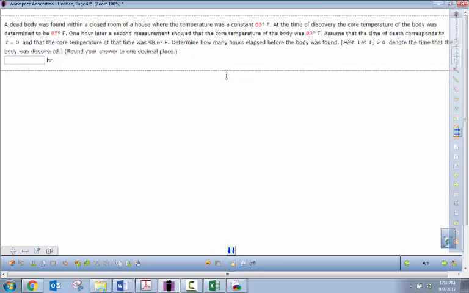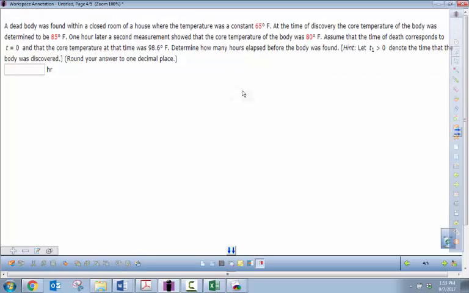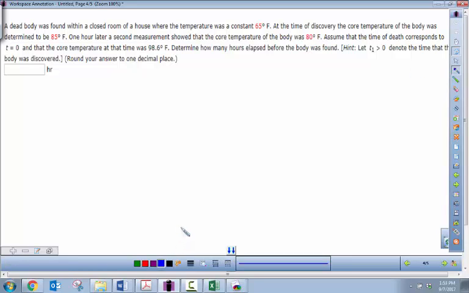These are the standard classical differential equations where people would already know the solutions without going through the process of solving. So a dead body was found in a closed room in the house. The temperature was constant at 65 degrees, and at the time of discovery, the core body temperature, I guess they're assuming, was 85 degrees Fahrenheit.